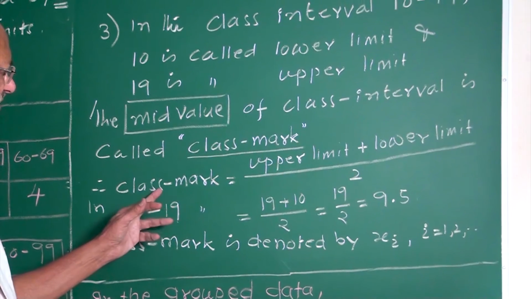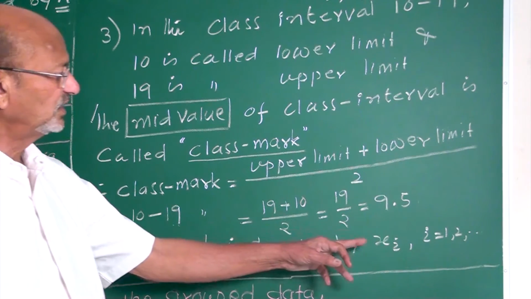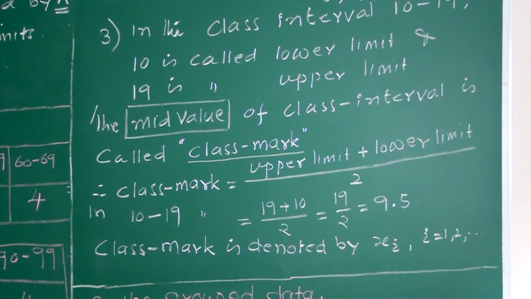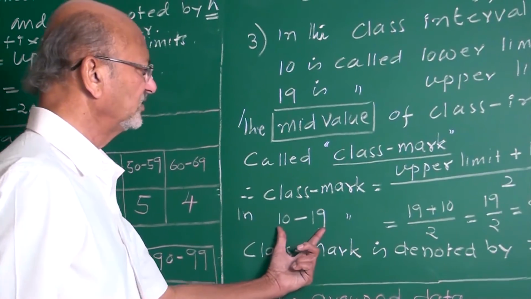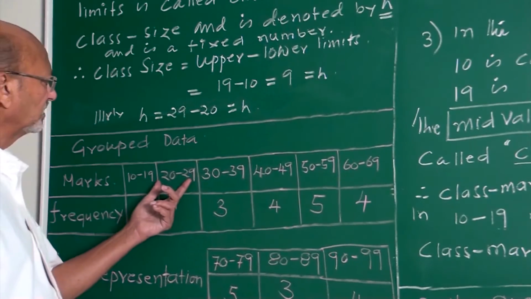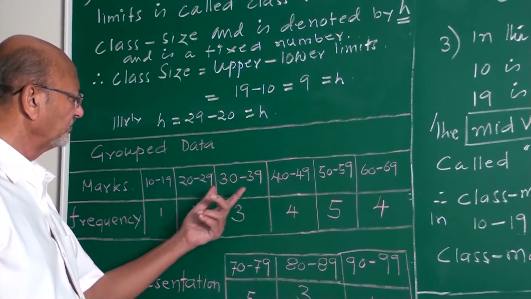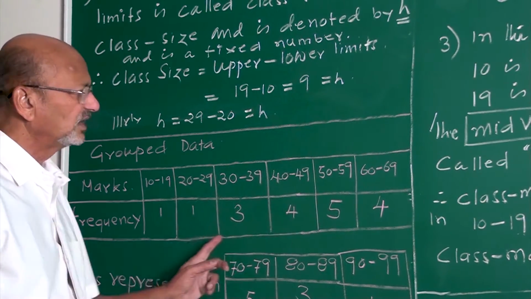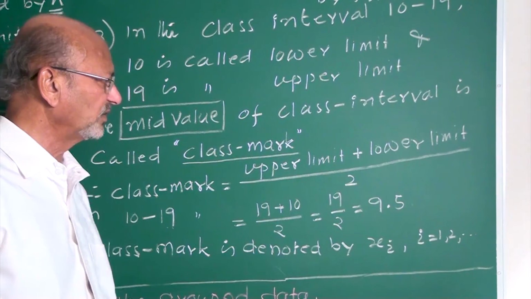This class mark is denoted by xi, where i stands for 1, 2, and so on. Why xi? Because it is related to the class mark of this interval, 9.5. The class mark of the next interval is different, it is 19.5. Like this, it is 29.5, 39.5. My friends, the values are different: 9.5, 19.5, like this.